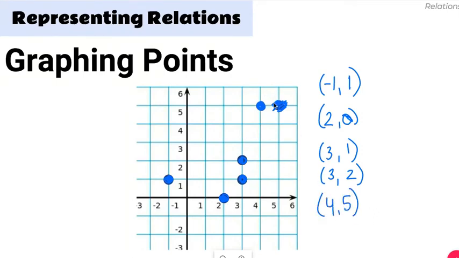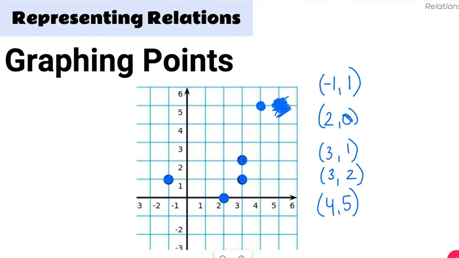Okay. So again, X and Y values. Usually you'll hear X coordinate, Y coordinate when we're talking about points that are graphed. So again, with tables, usually you'll hear it referred to as input, output. On a graph, you'll usually hear it reported as X coordinate, Y coordinate.